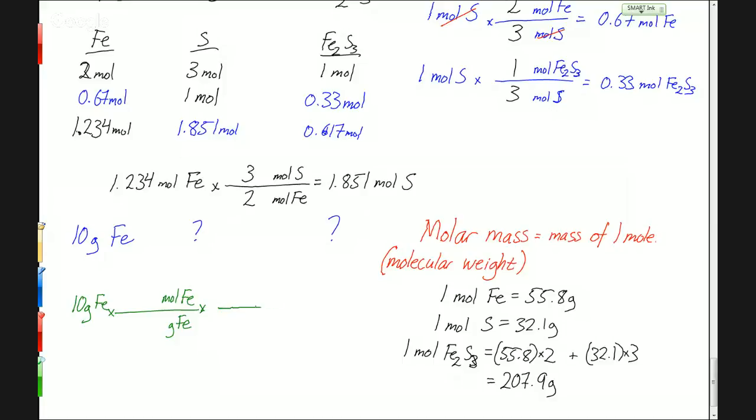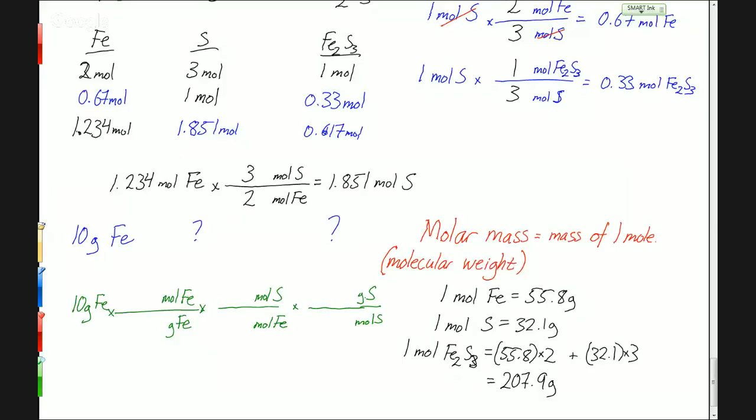Then we're going to look at something that gets us from moles of iron to moles of, let's say, sulfur. We'll do that one first. And finally, we're going to go from moles of sulfur to grams of sulfur using that molecular weight.